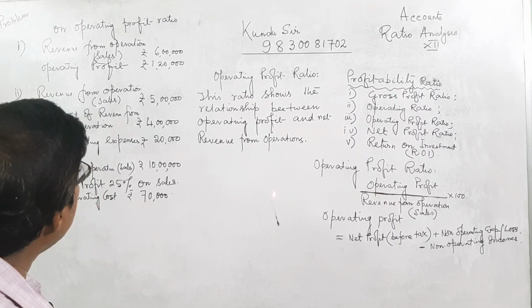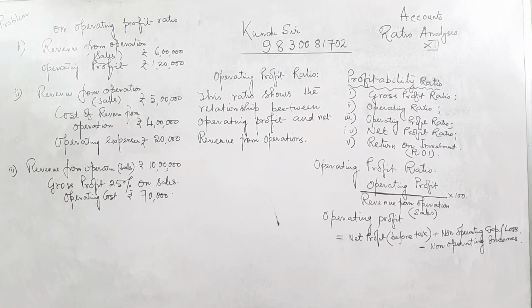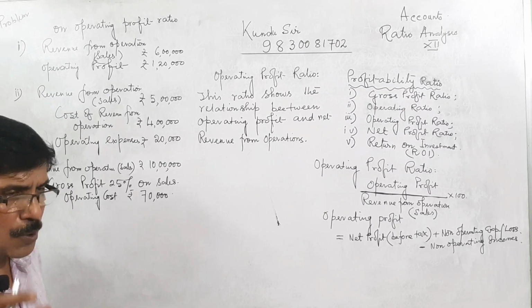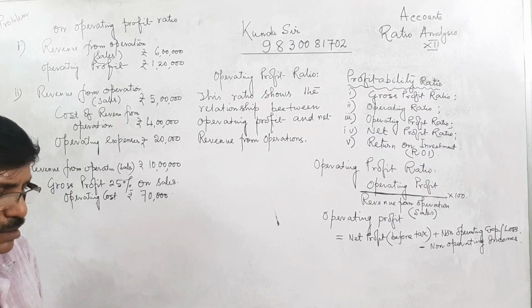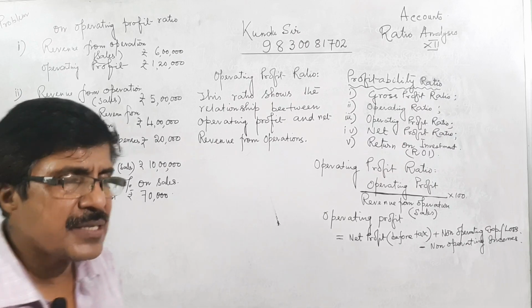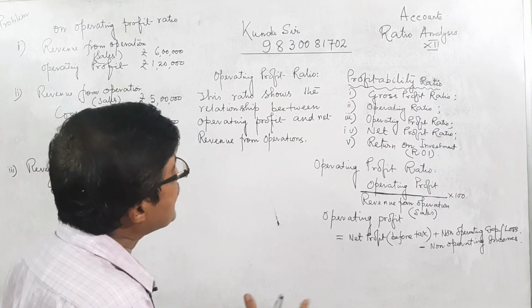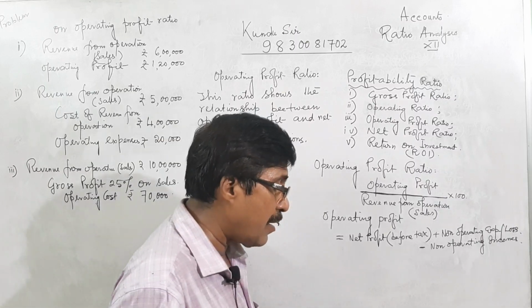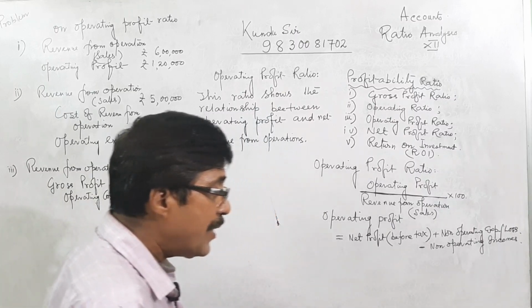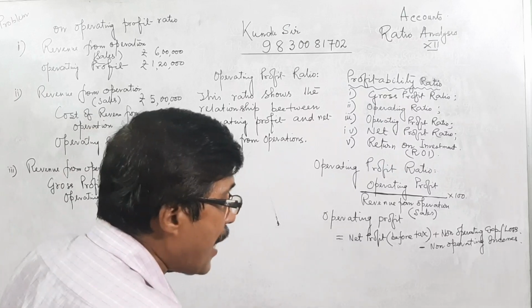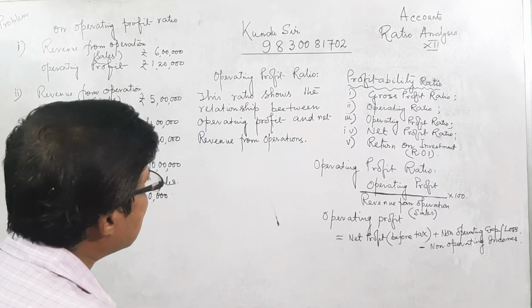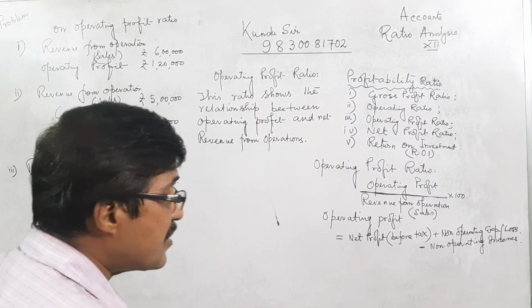Operating profit can be calculated from gross profit, that is gross profit minus operating expenses. What are the examples of operating expenses? In the last class I have explained. That is employees expenses, that is salaries.